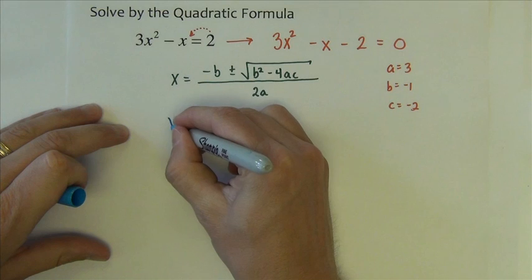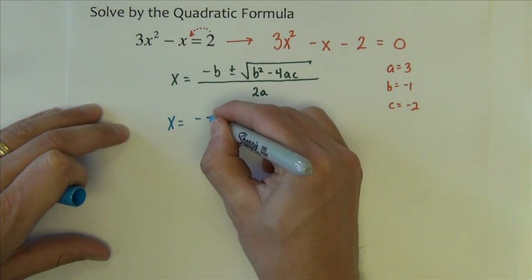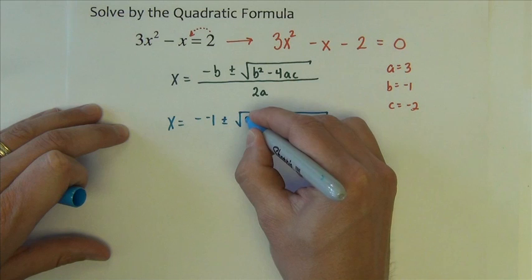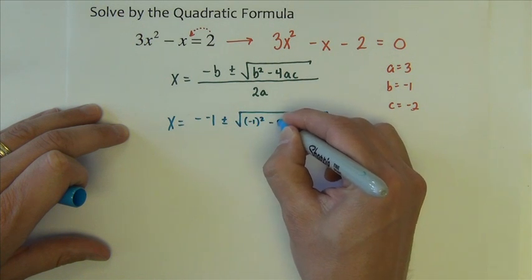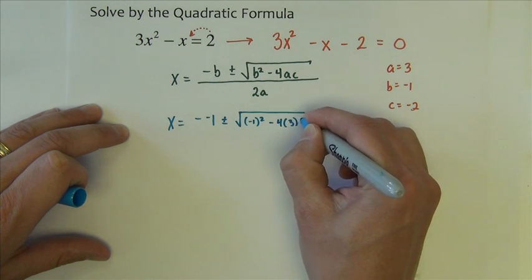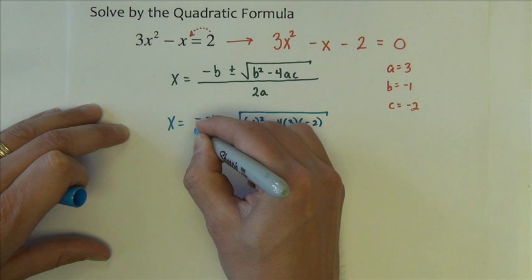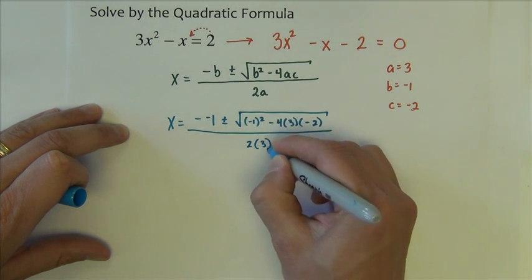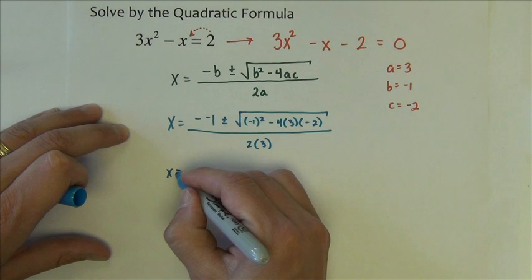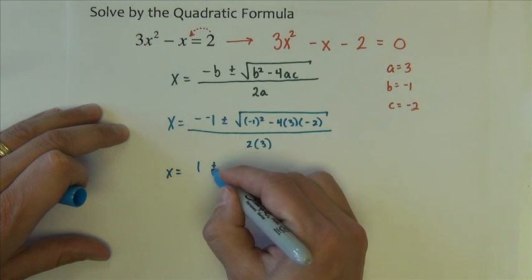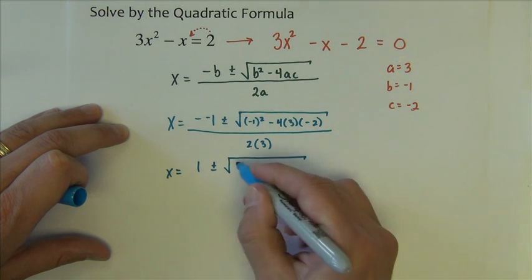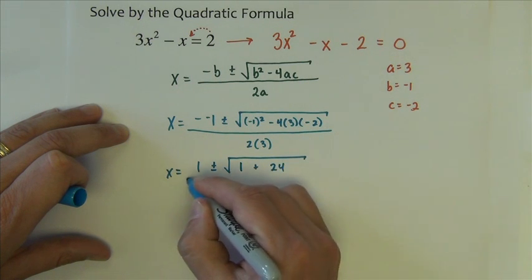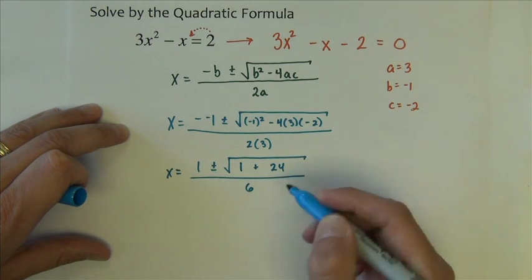So we've got x equals negative negative 1, plus or minus the square root of negative 1 squared minus 4 times 3 times negative 2, all over 2 times 3. So let's clean this up. Okay, 1 plus or minus square root of 1 plus 24 over 6.